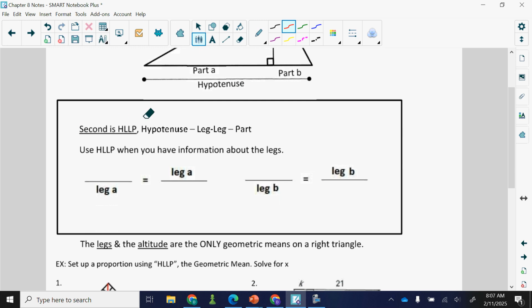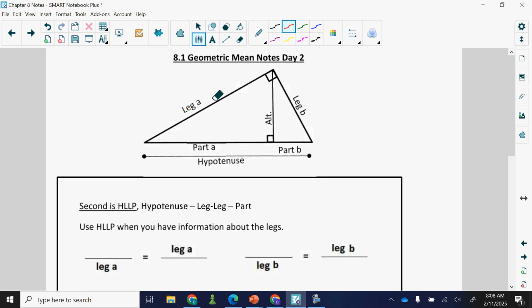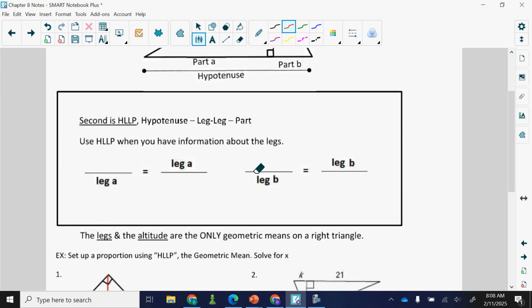So yesterday we learned the abbreviation PAP for part, altitude, part. So today we're looking at HLLP, which is Hypotenuse-Leg-Leg-Part. Okay, so note that leg A and part A are on the left-hand side and leg B and part B are on the right-hand side.